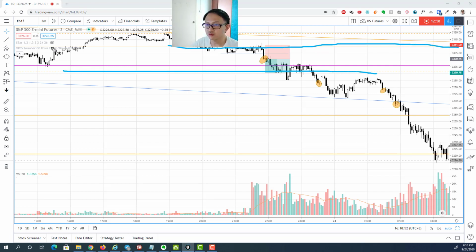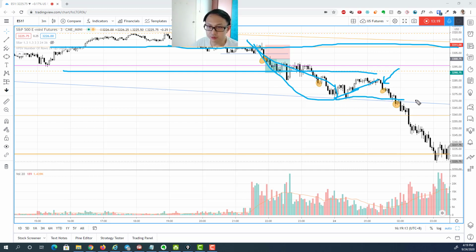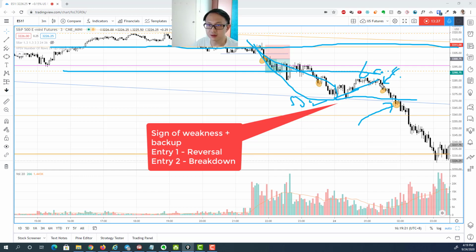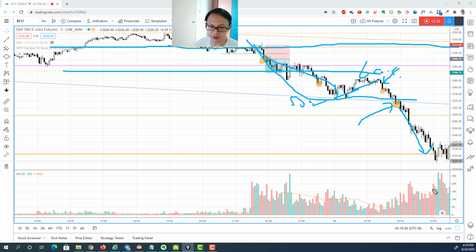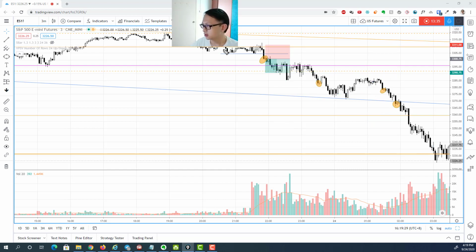If we play this breakdown scenario, this whole thing could be the sign of weakness, and we have the backing up, followed by a reversal bar. So I think this is another point to enter a short position. This is a reversal trade, and another trade could be this kind of breakout trade as well. A sign of weakness followed by a backup action, and then eventually breaking down, and you can ride this whole down move. So I think that's possible.